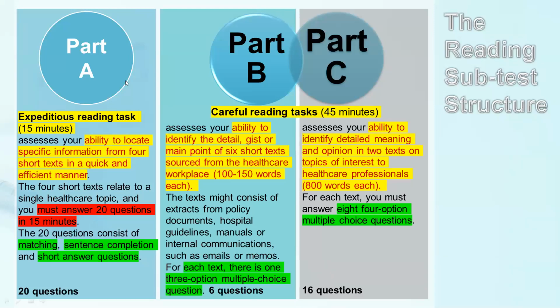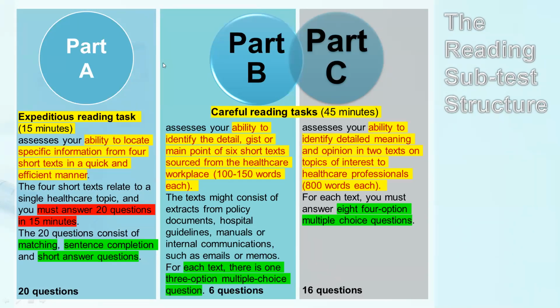The 4 short texts relate to a single healthcare topic, and you must answer 20 questions in 15 minutes. The 20 questions consist of matching, sentence completion, and short answer questions.